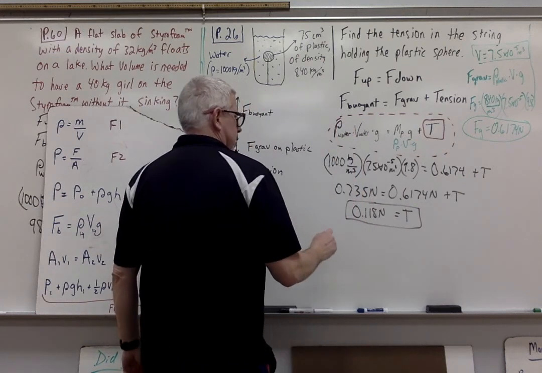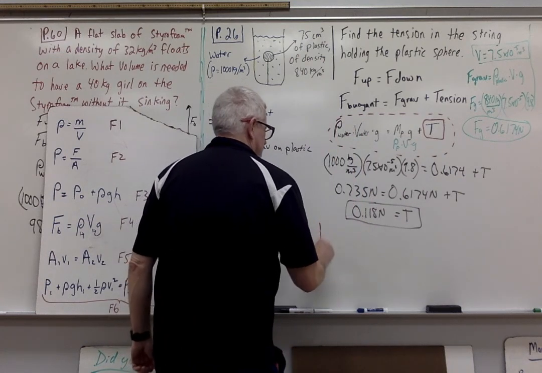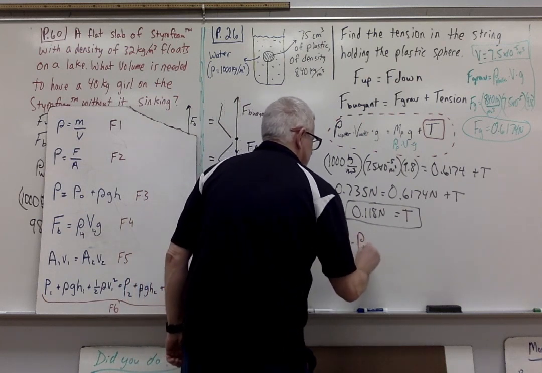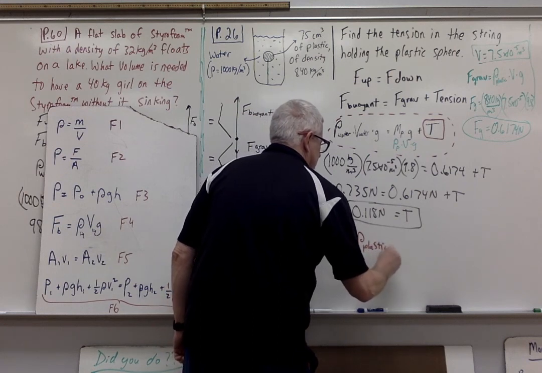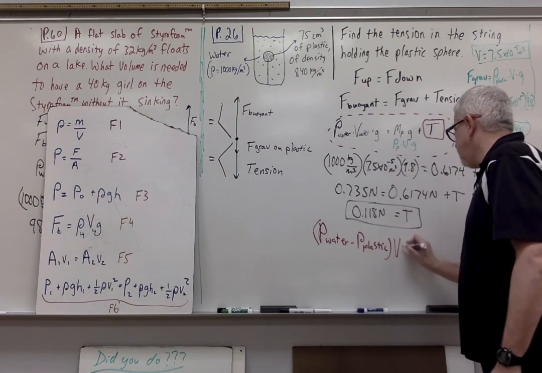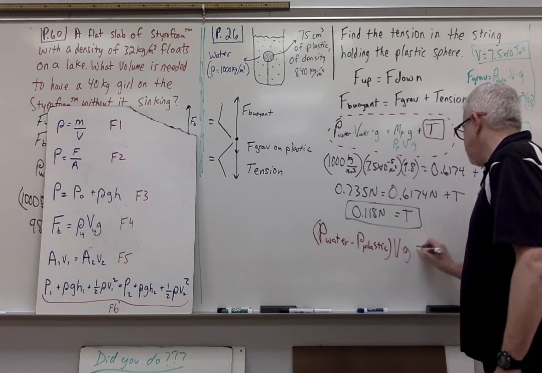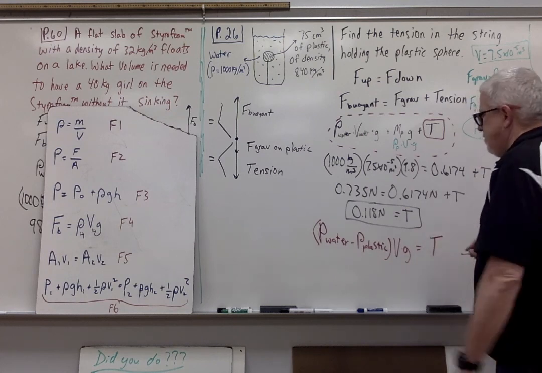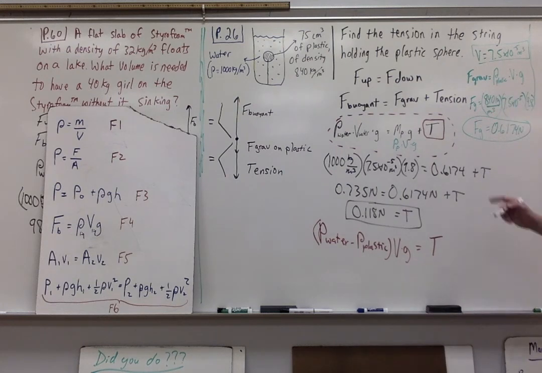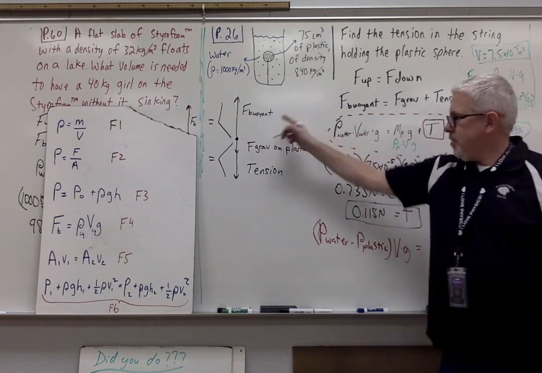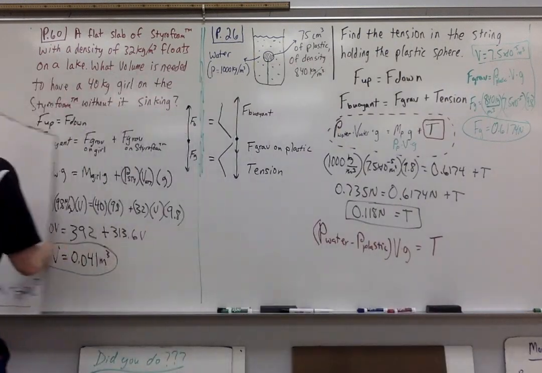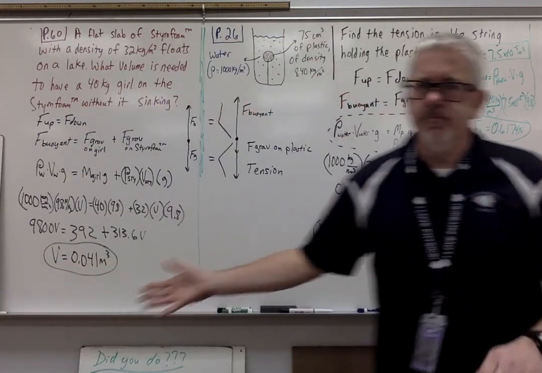So I would say density of water minus density of plastic, that's the difference in densities, times V times G is going to equal the tension force. Because that's a net force up, that would be the net force pulling down. I think this is probably a better way to do this because it relates back to the free body diagram. Anyhow, hope those help with the density problems. That's the last part of the examples. Ta-da!